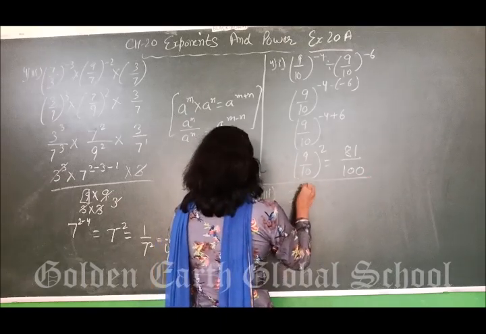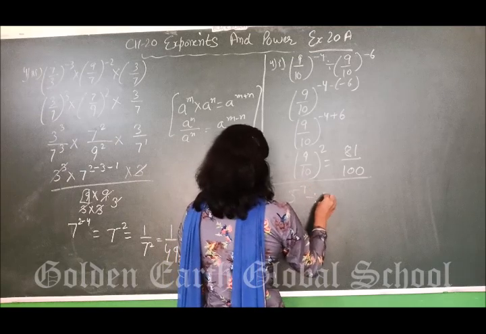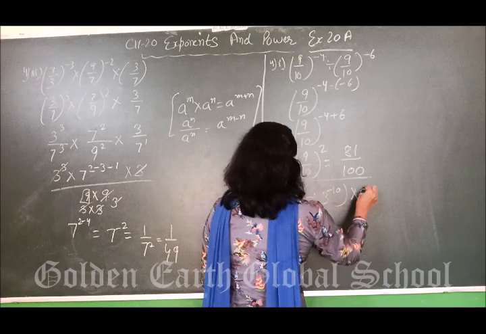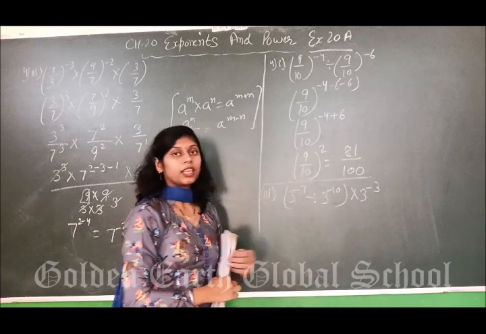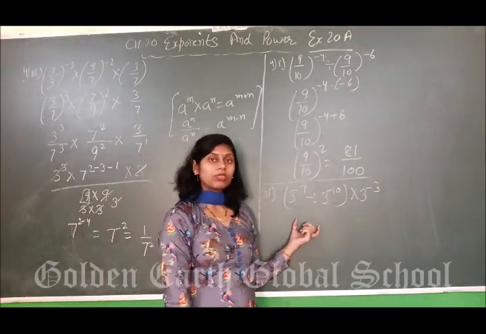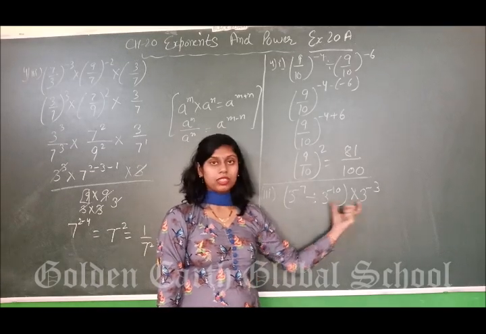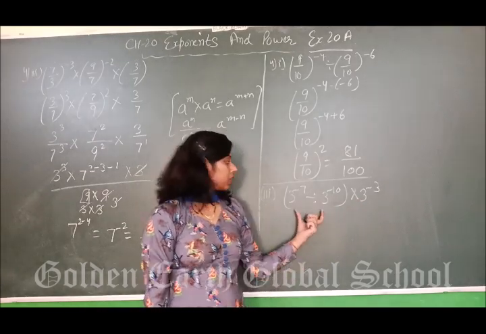3 raised to power minus 7 divide 3 raised to power minus 10 into 3 raised to power minus. Firstly, according to BODMAS rule, we will solve the bracket, then division, then multiplication. Firstly, we will solve the division.